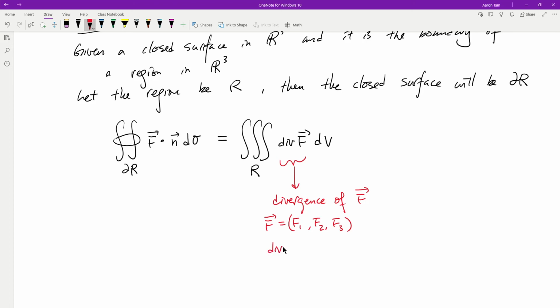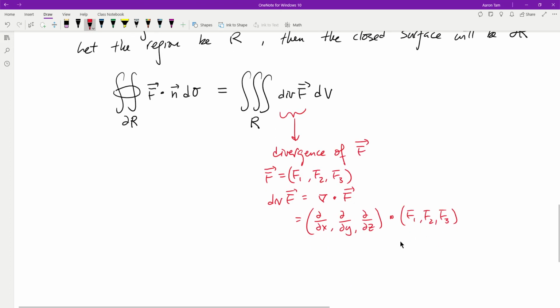Then the divergence of F is equal to the gradient operator dot product with vector F. And that means it's just d over dx, d over dy, d over dz, dot product with F1, F2, F3. And so what does that turn into? That turns into dF1 over dx plus dF2 over dy plus dF3 over dz.